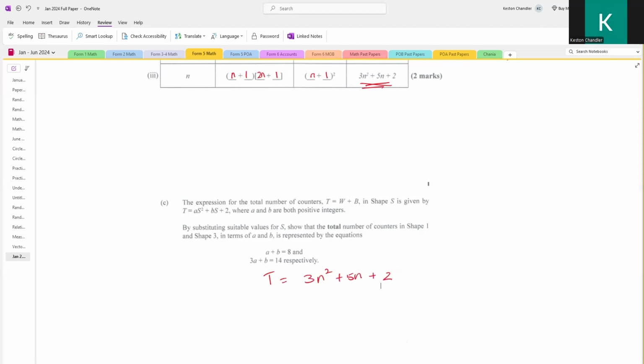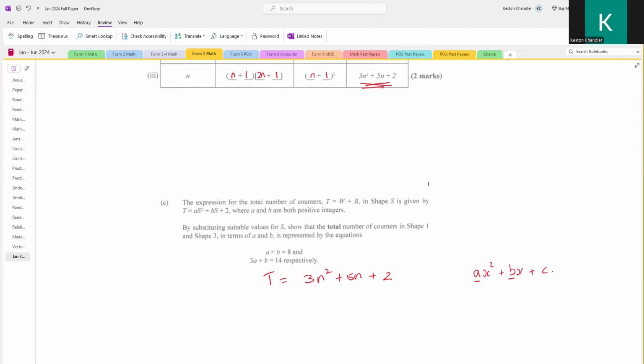They want us to show that the total number of counters in shape 1 and shape 3 in terms of A and B is represented by those equations. So what we have to do is, the A and B are really the coefficients that we have in front of this quadratic here, right? Remember, our quadratic is in the form ax squared plus bx plus c. So the value of this plus this is equal to 8. The A and B is going to be equal to 8.